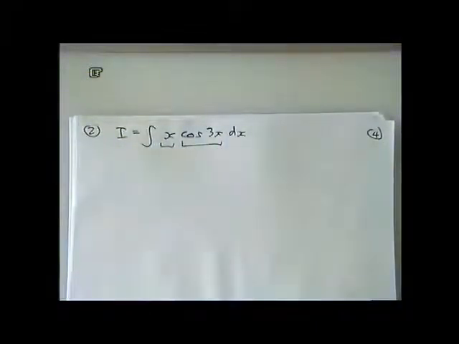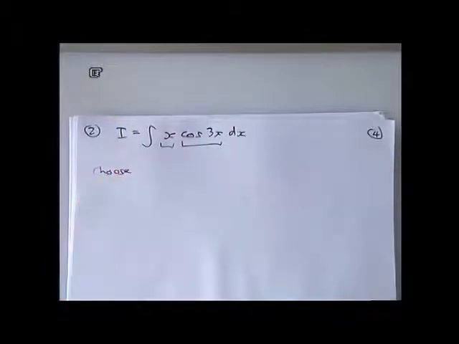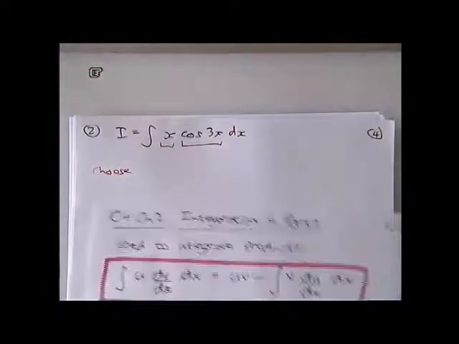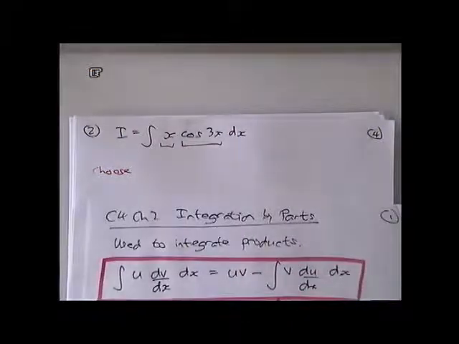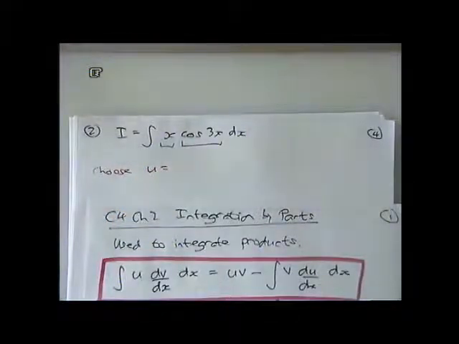Now what I need to do now is choose which are going to be my two bits. If we go back to the Redbox Rule, which is here at the bottom, I need to choose one of the bits to be a u, so I will differentiate it and hopefully it gets nicer. One bit to be my dv/dx, which I will integrate and I can do. So what will you choose your u to be here?